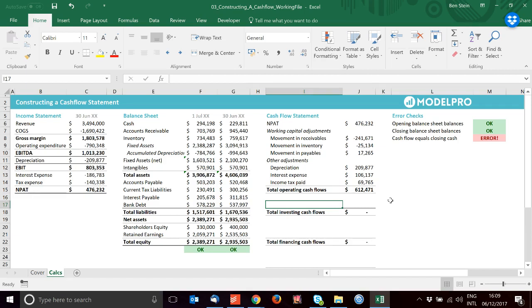In this case, it's fairly straightforward. We don't want to take the accumulated depreciation because that's an accounting figure. It's not a cash movement. The actual cash impact appears to be from the purchase of fixed assets. So we've had an increase in fixed assets during the period.